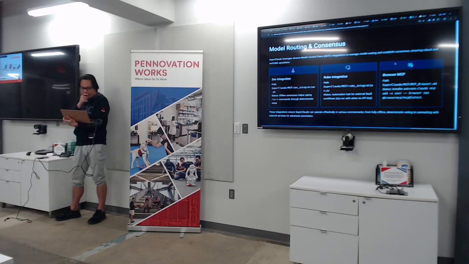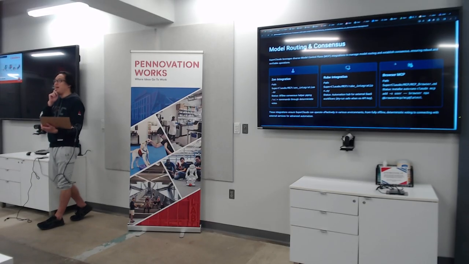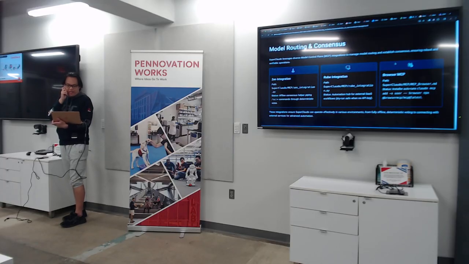Here is a rundown of the key MCP servers, other than my 131 expert agents in my SuperClaude framework. So Zen integration is with Zen MCP. I mentioned that it has this multiple model assessment mechanism as well as chain of thought and reviewing of your code as an MCP server.